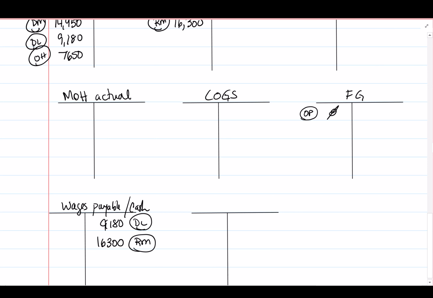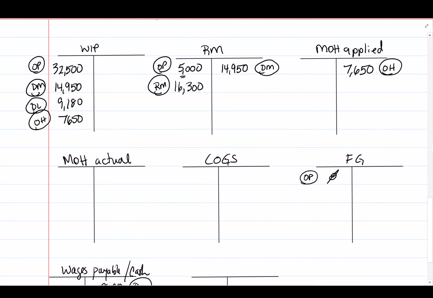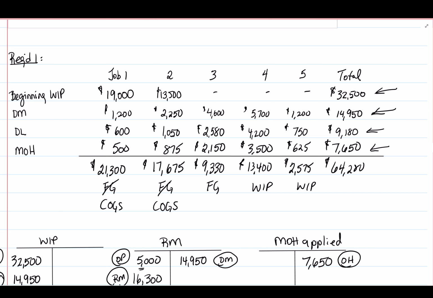Doesn't really affect our job costing. But that would have gone into raw materials and affected inventory, which we don't usually care about, but the question did say what dollar value balance is in raw materials. So we've got to work out raw materials. And you're not going to get raw materials off your work in process because raw materials go into work in process and overhead goes into work in process.